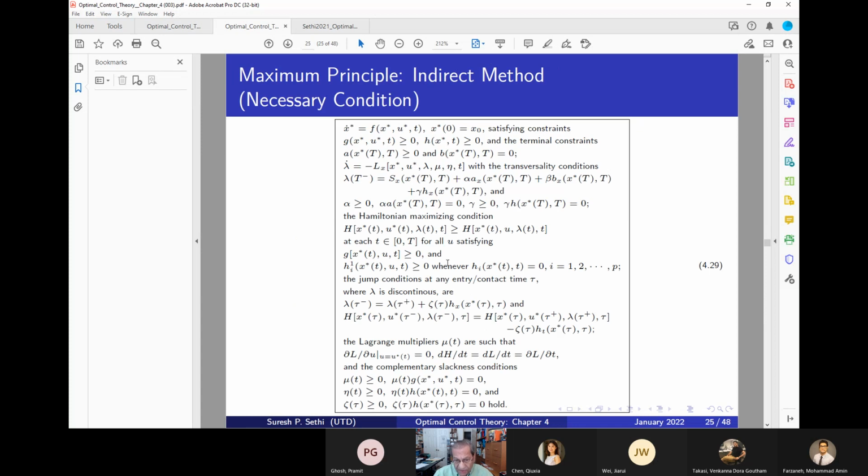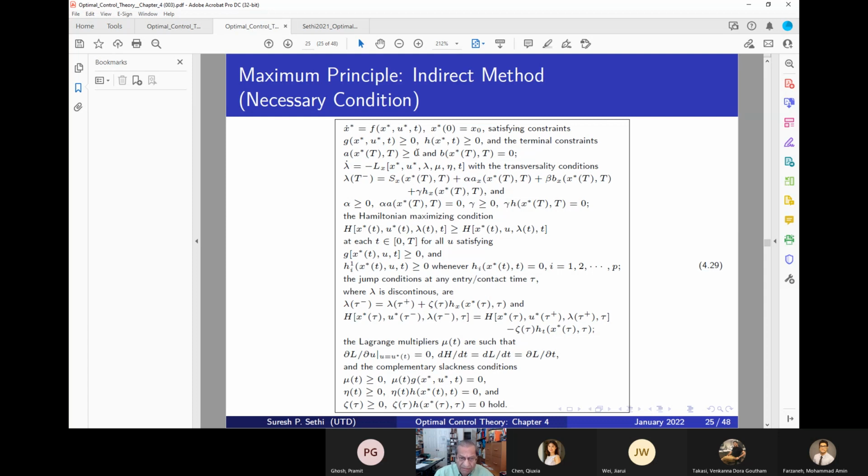Remember, in the box, we don't see an eta, but it appears only when we do the Lagrangian, because the Lagrangian has an eta in it, and you see eta has a complementary slackness condition with h. By the way, we don't need the complementary slackness condition with h^1. h is sufficient. So more or less the principle goes along the same way.